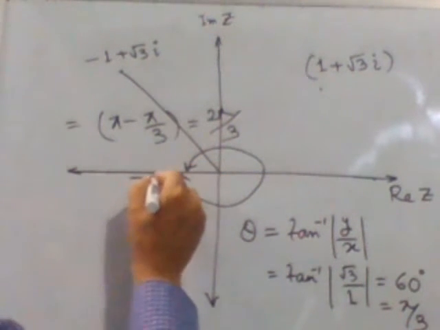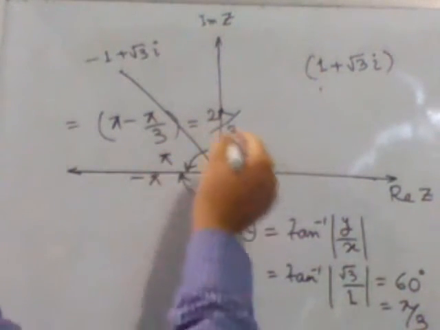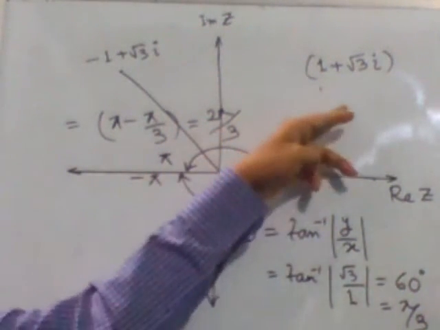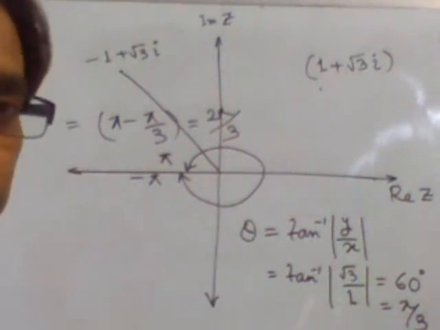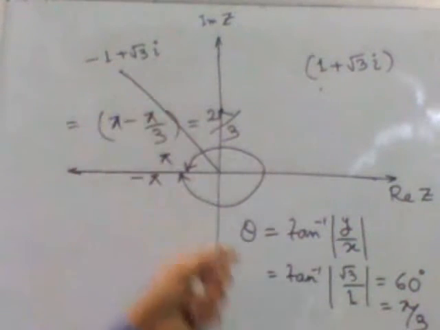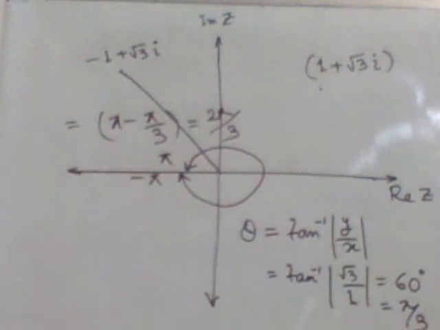Here it is called minus pi, and from that side it is called plus pi. So you can move up to pi. If it is in the first quadrant, then no problem, just the value will be its argument. If it is in the second quadrant, at first you find the value, then you do pi minus pi by 3. So this will be your argument.